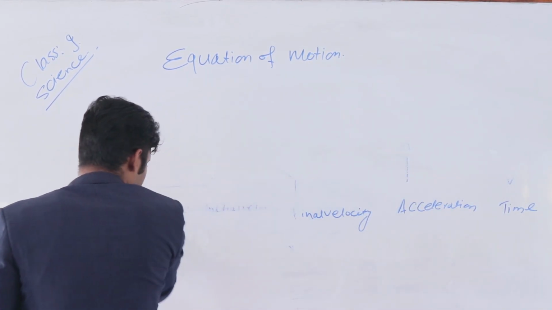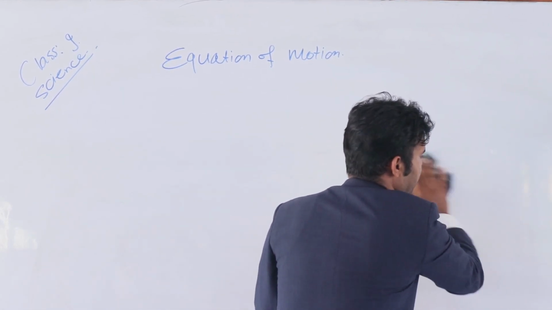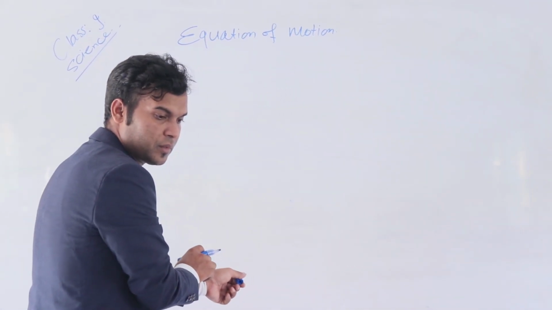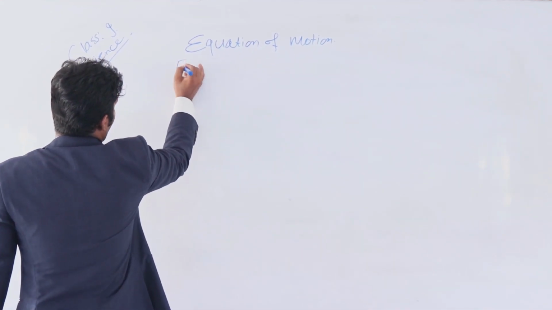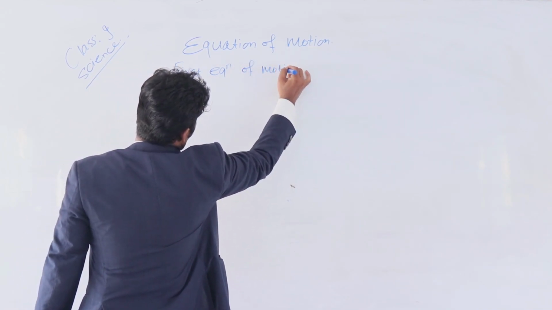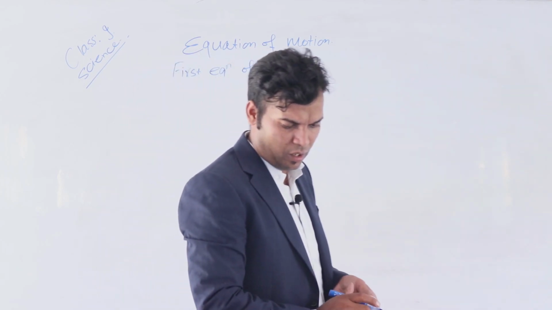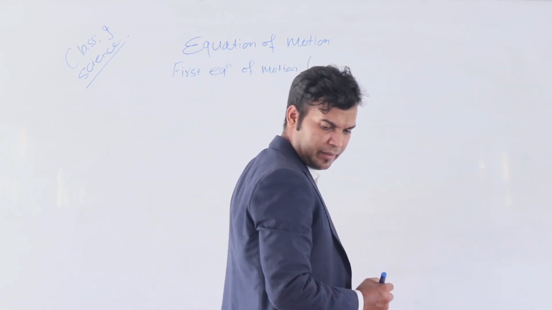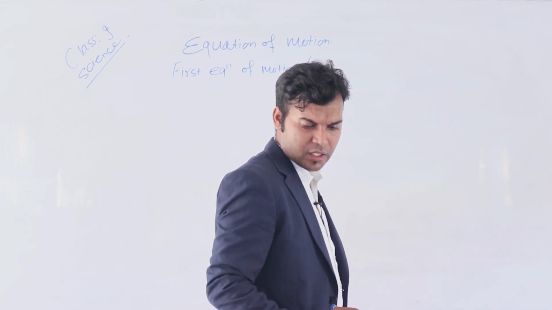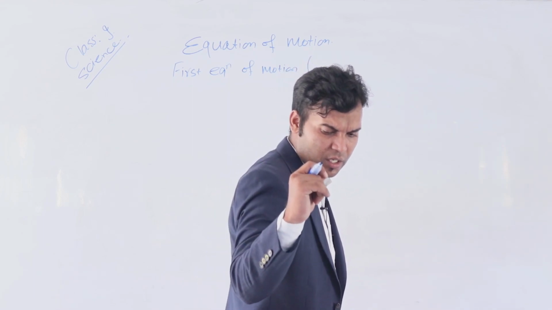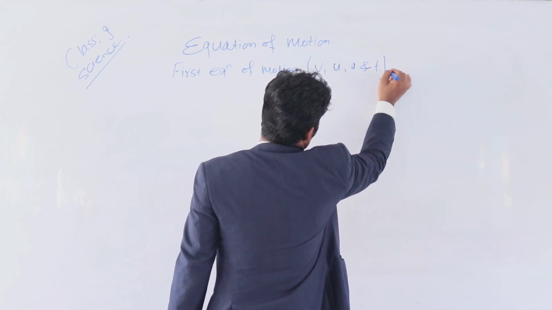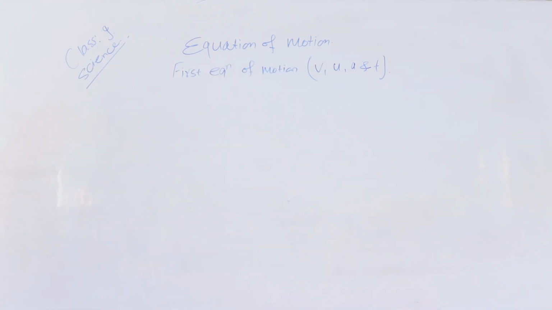What is the first equation of motion? How do we write it? First equation of motion, or relation of V, U, A and T. Before this, we should discuss V, U, A and T first.